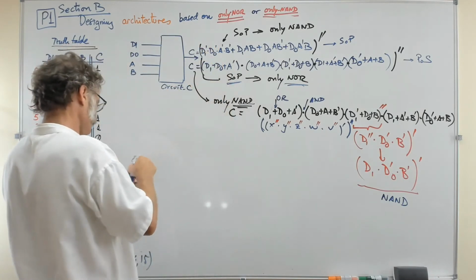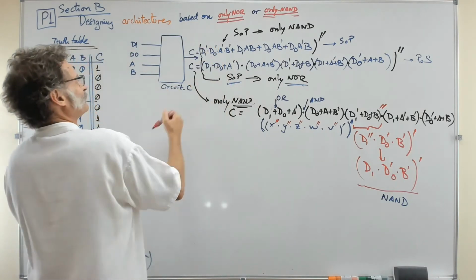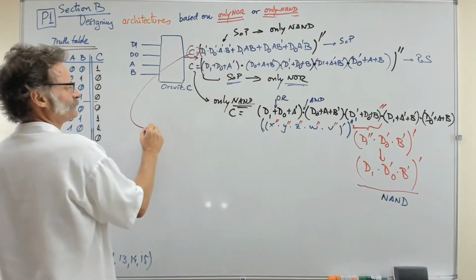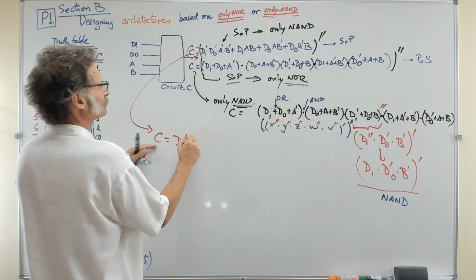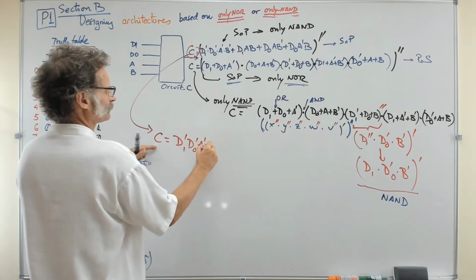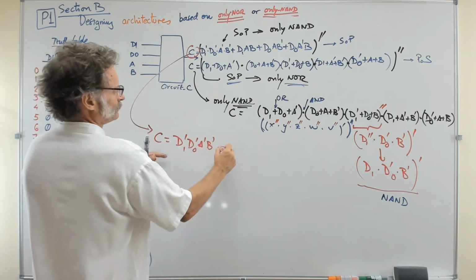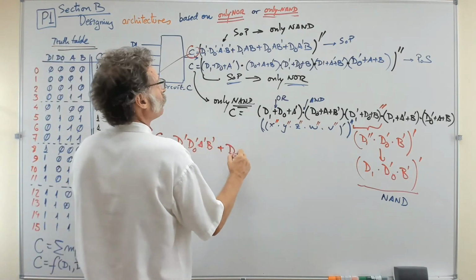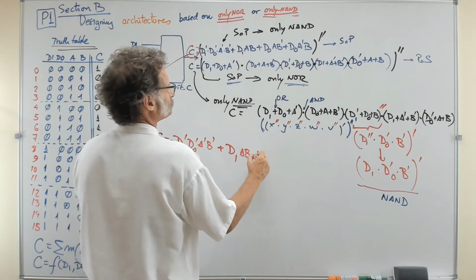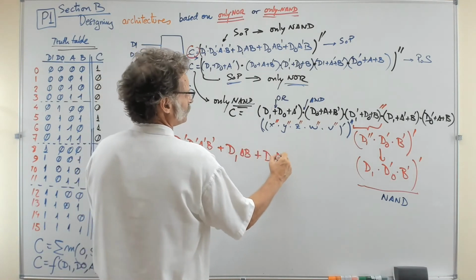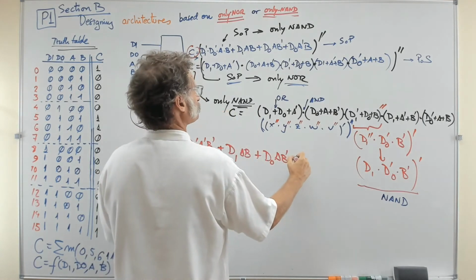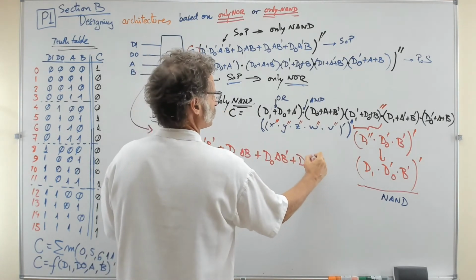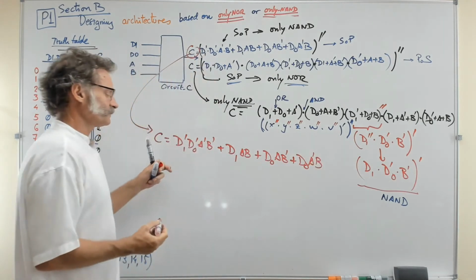If you are now working with the other C, the C becomes D1 NOT, D0 NOT, A NOT, B NOT, or D1 AB, or D0 AB NOT, and finally D0 A NOT B. This is the expression that you have.